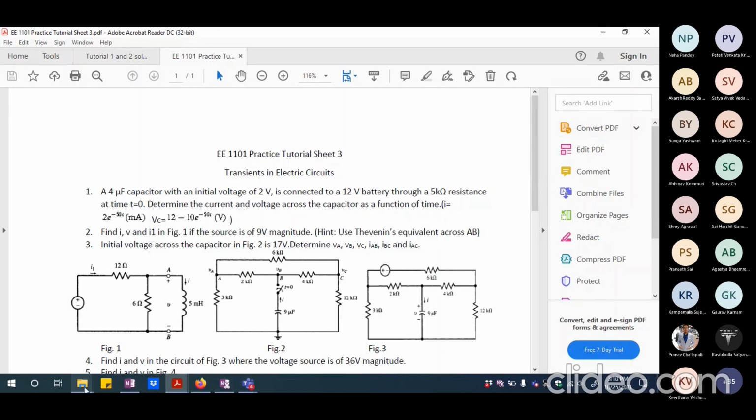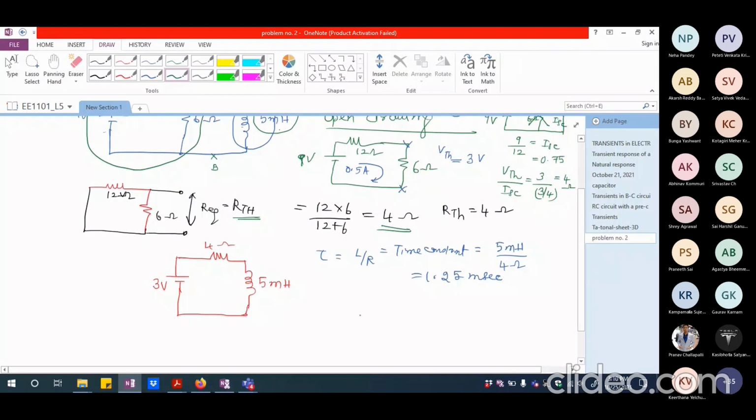First of all, let us calculate I of t. How do you calculate I of t? I of t will be ISS into 1 minus e power minus t by tau.